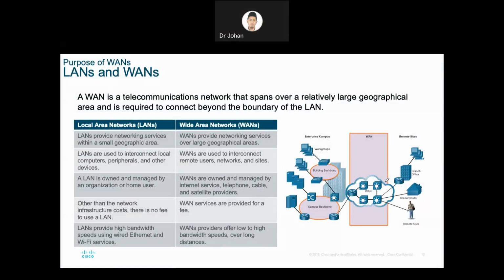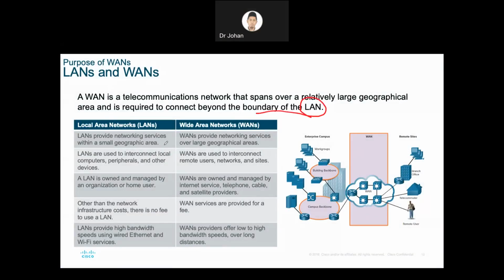A WAN is a telecommunication network that spans a relatively large geographical area and is required to connect beyond the boundary of a LAN. A LAN is on a small scale, providing networking services within a small geographic area.